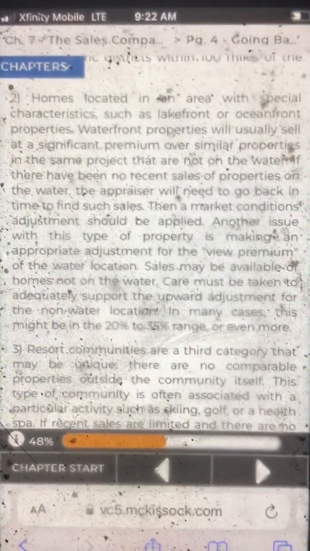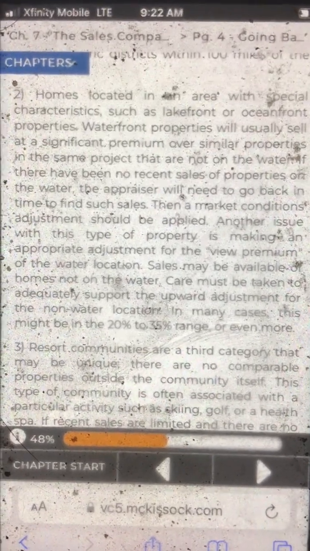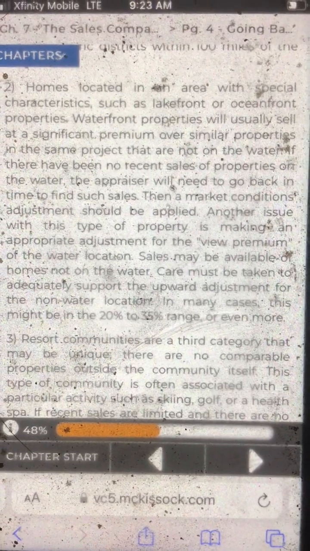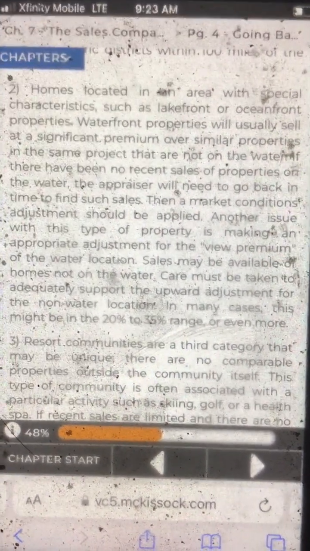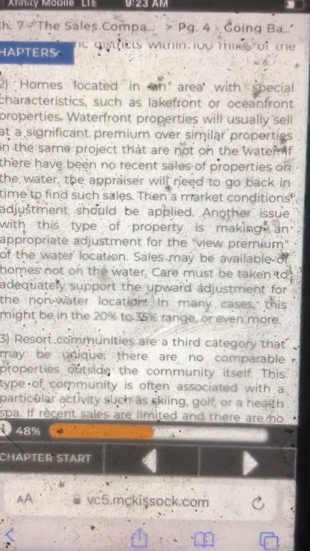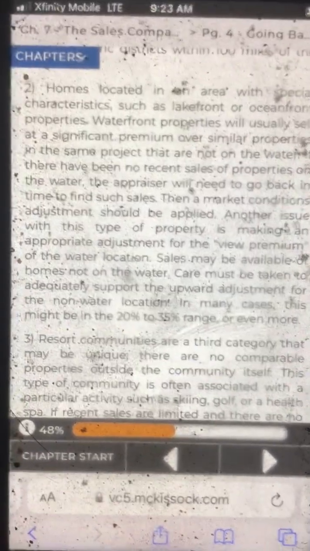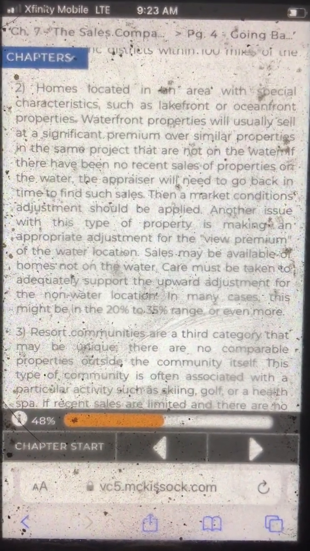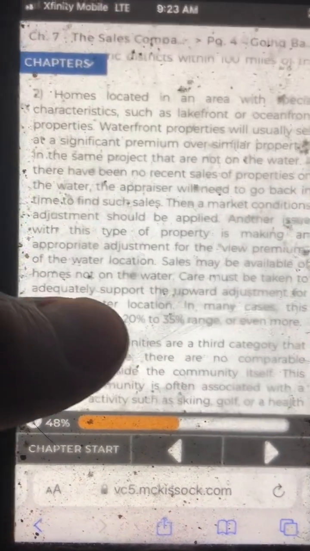Number 2, homes located in an area with special characteristics such as lakefront or oceanfront properties. Waterfront properties will usually sell at a significant premium over similar properties in the same project that are not on the water.